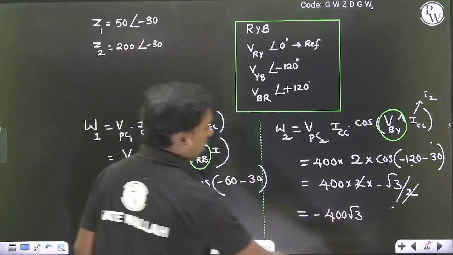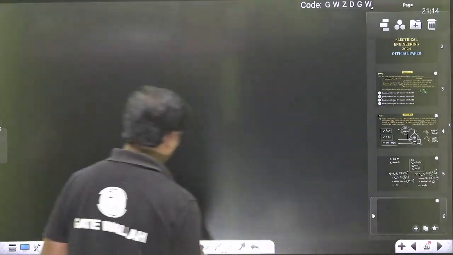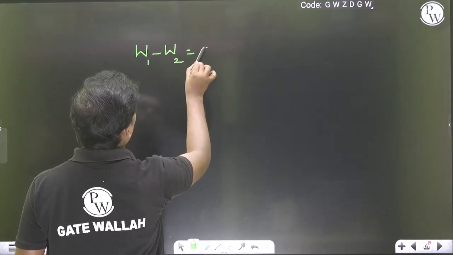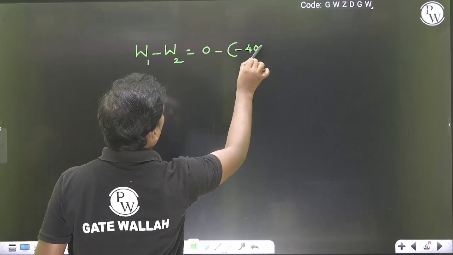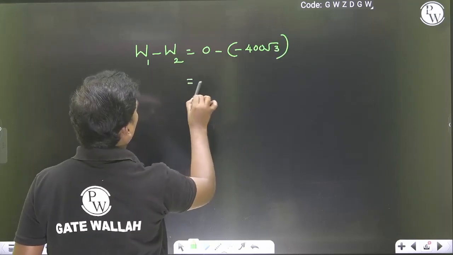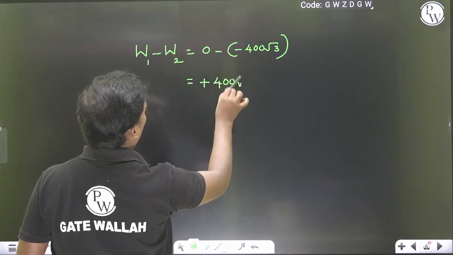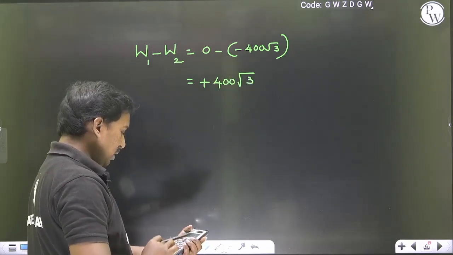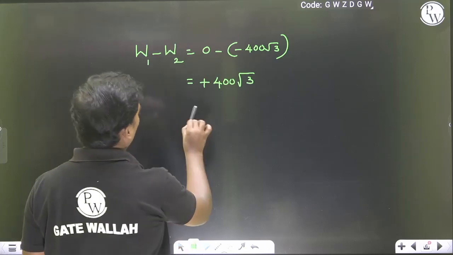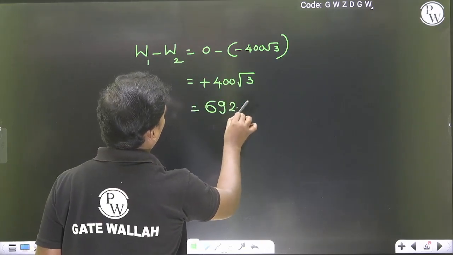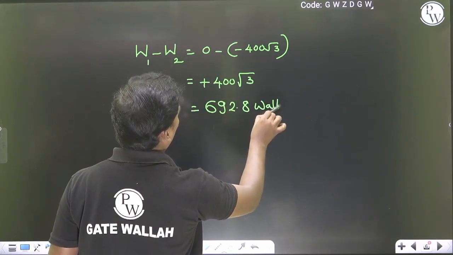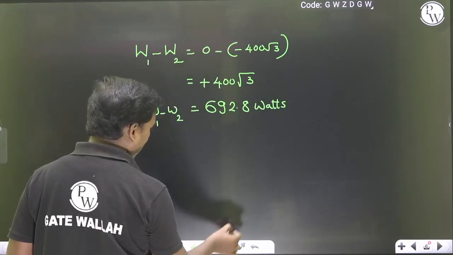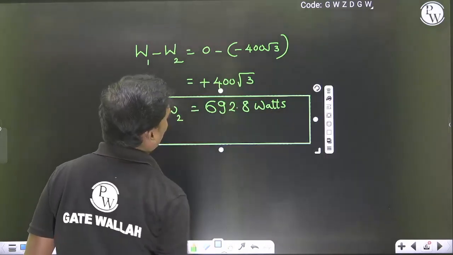What we need is W1 minus W2, which is 0 minus of minus 400 root 3, so plus 400 root 3. 400 into 1.732 comes to 692.8 watts. We got it as 692.8 watts.